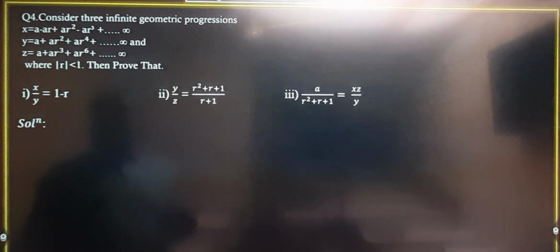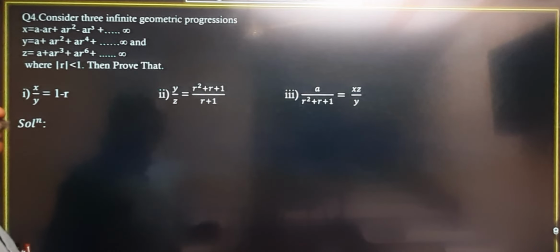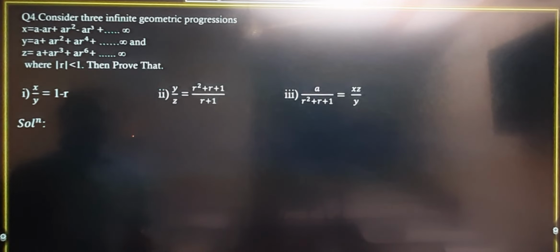And Z is a plus ar cube plus ar raised to 6 and so on till infinity, where modulus r is less than 1. Then prove that X upon Y is 1 minus r, Y upon Z is (r square plus r plus 1) upon (r plus 1), and a upon (r square plus r plus 1) is equal to XZ upon Y. See the solution.